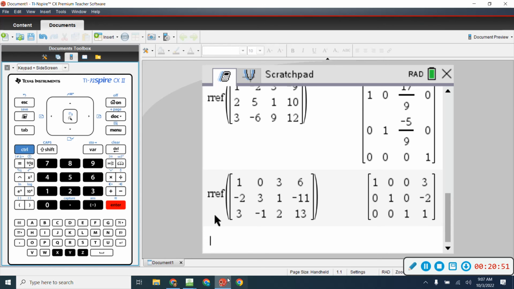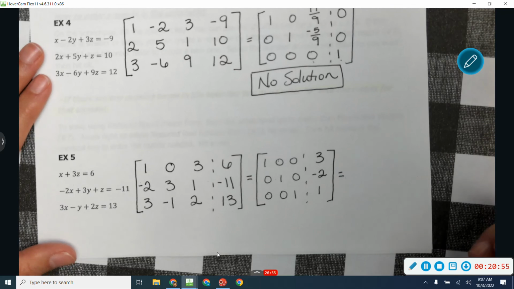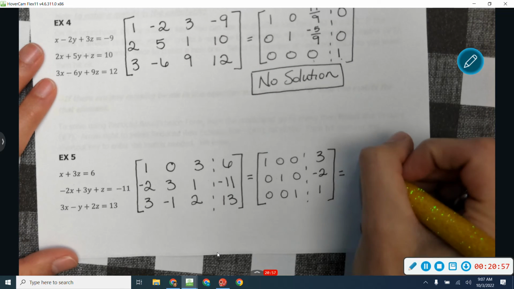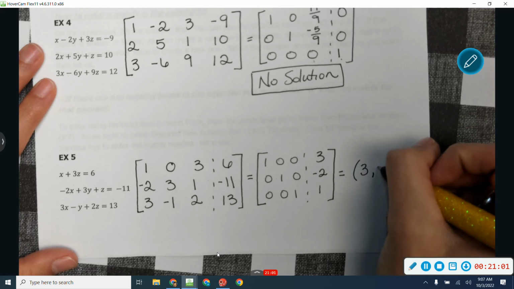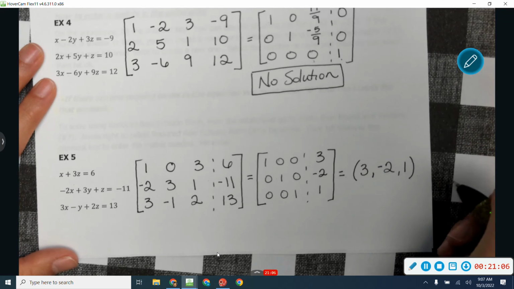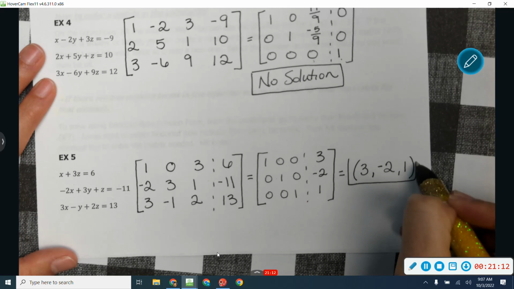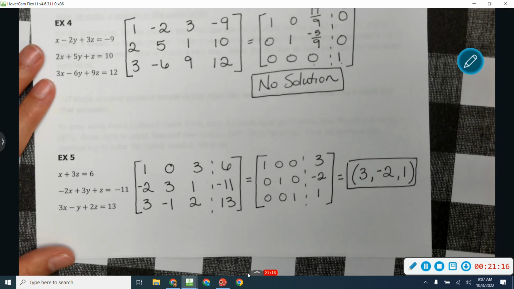So then my ordered triple would be what? Once you copy that down on your paper, what's your ordered triple? Y'all get 3, negative 2, 1? Y'all good with that? Okay.